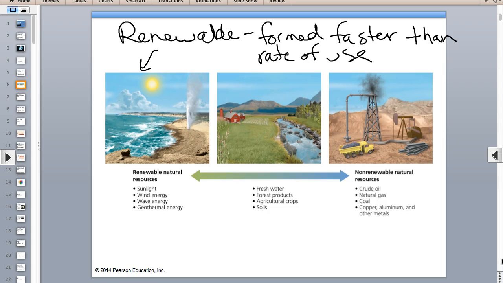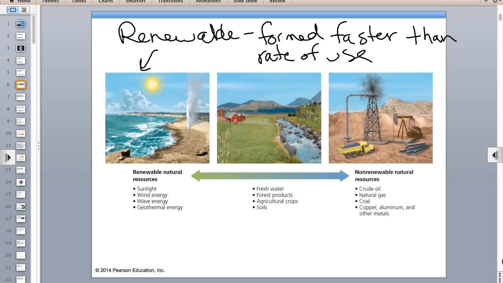So when I talk about trees, when I talk about soil, it can take 500 years to form 1 inch of soil. If we have serious erosion problems because we're doing too much farming in an area, that's not going to be renewable because it's going to get depleted and eroded faster than new soil can be made. So just because the earth can make more doesn't make it renewable. It needs to make it faster than we're using it. If we cut down all the trees faster than they can grow back, then it's no longer renewable.